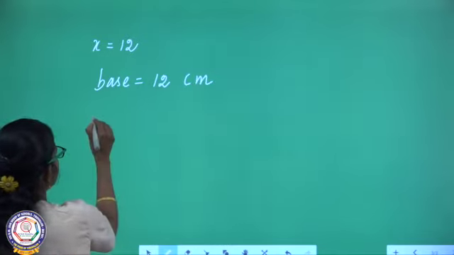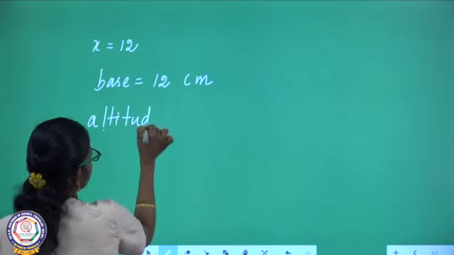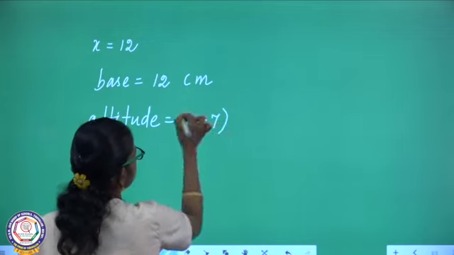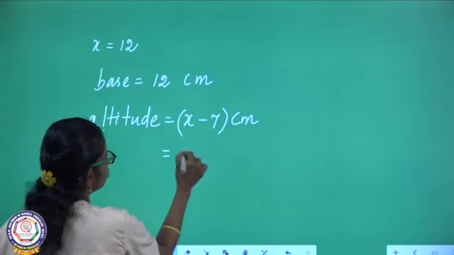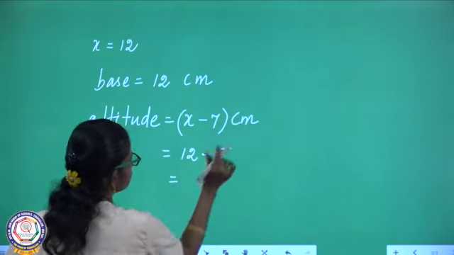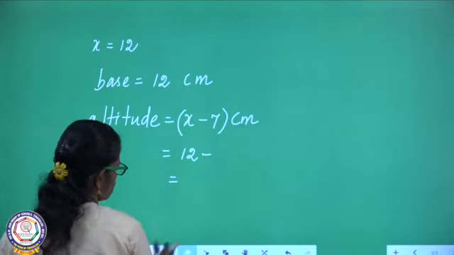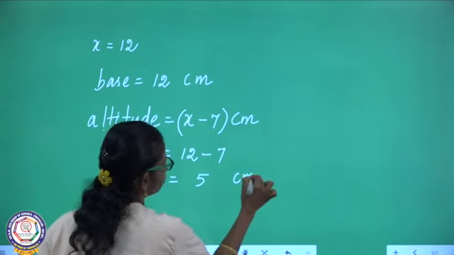Then what is the altitude? Altitude equals x − 7 centimeters, as we had. What did we find for x? x = 12. So 12 − 7 = 5.